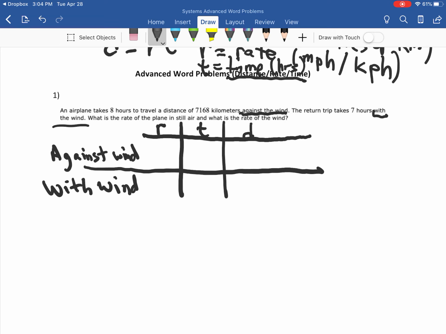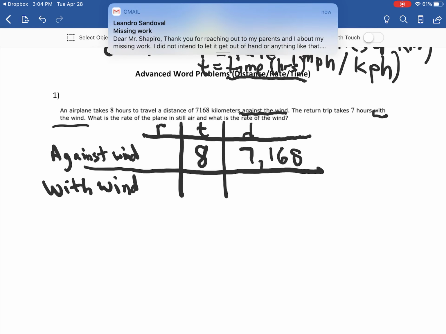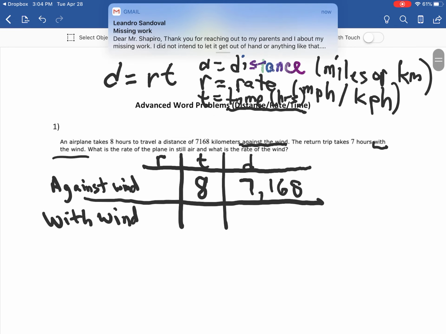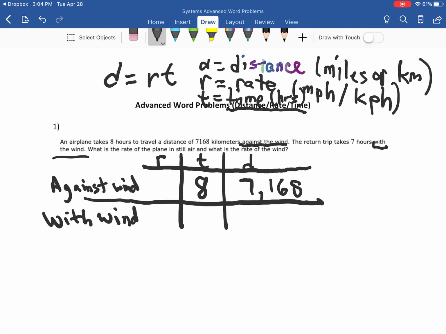The airplane takes 8 hours to travel a distance of 7,168 kilometers against the wind. So for against the wind, I can fill in 8 for the time and 7,168 for the distance. Okay.